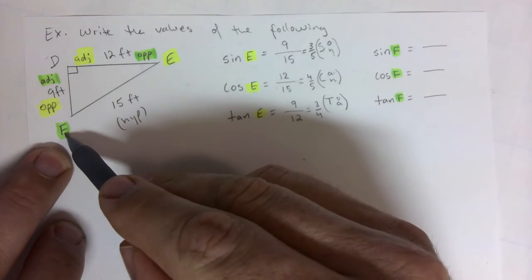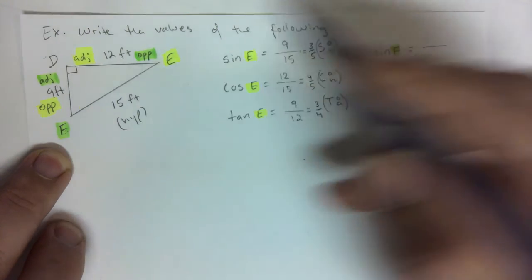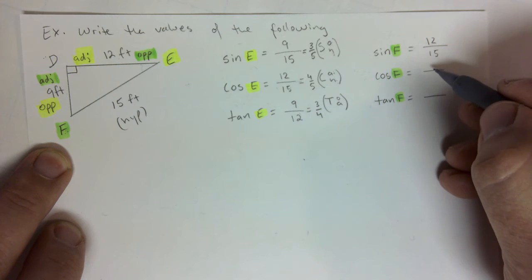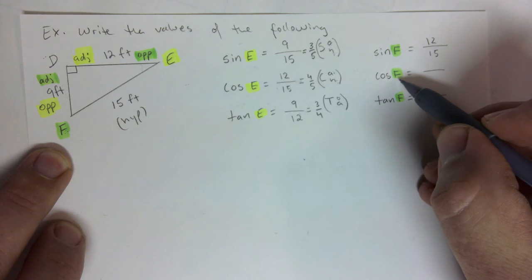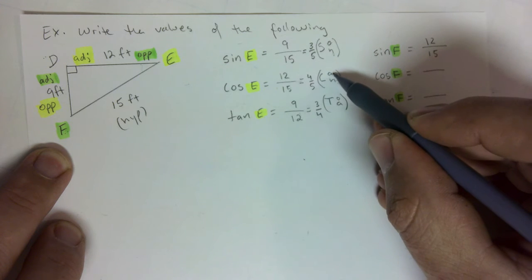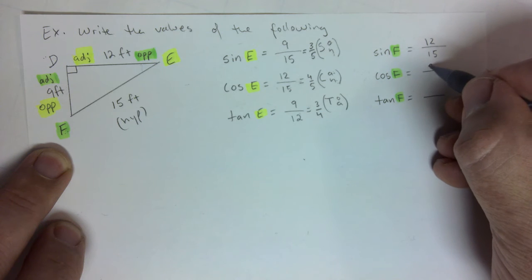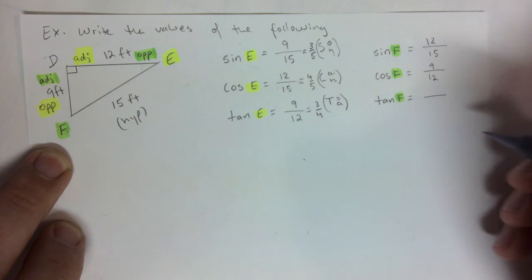So sine of F, it's still opposite over hypotenuse. So based on F, opposite is 12 and the hypotenuse is still 12. I'll reduce later. Cosine of F is adjacent over hypotenuse. So adjacent is 9, hypotenuse is still 12.